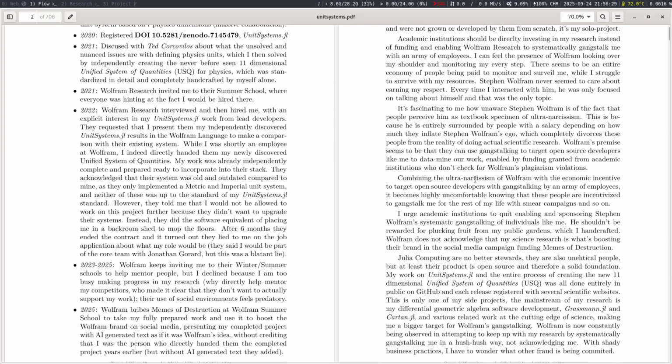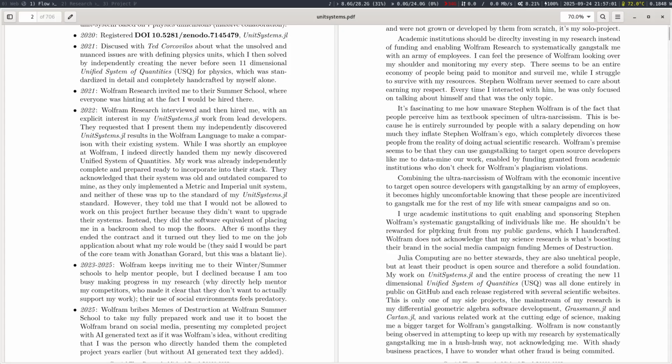So yeah, combining the ultra narcissism of Wolfram with the economic incentive to target open source developers with gang stalking by an army of employees, it becomes highly uncomfortable knowing that these people are incentivized to gang stalk me for the rest of my life with smear campaigns and so on. So I'm urging the academic institutions to quit enabling and sponsoring Stephen Wolfram's systematic gang stalking of individuals like me.